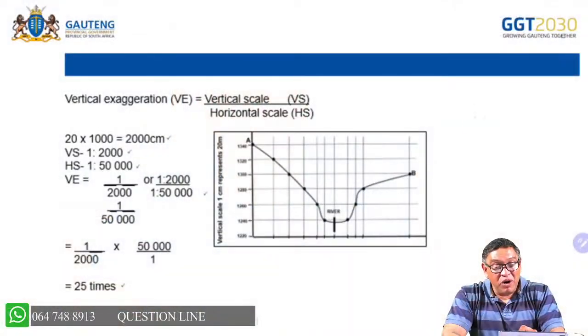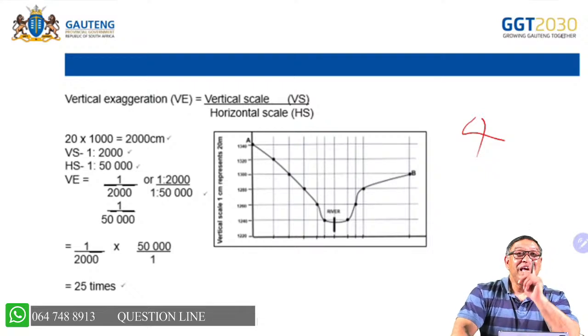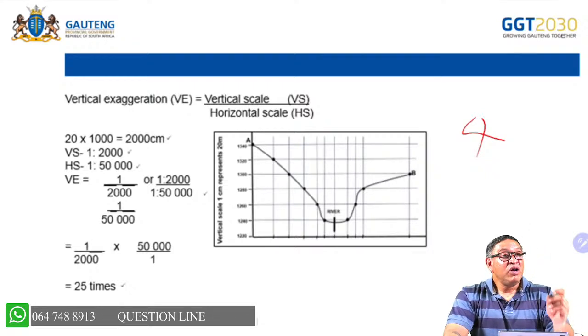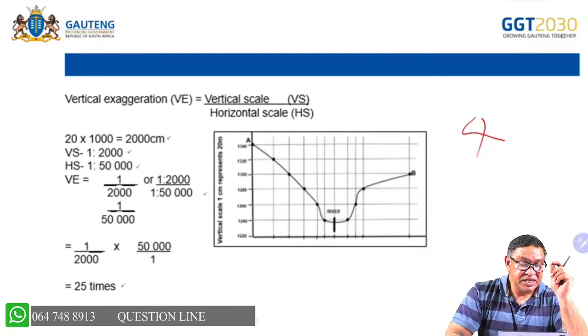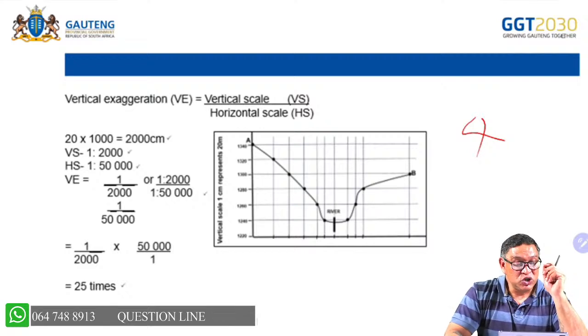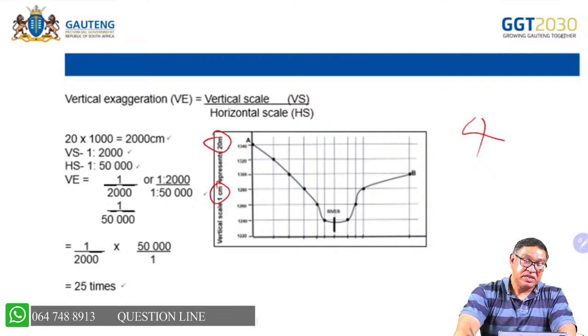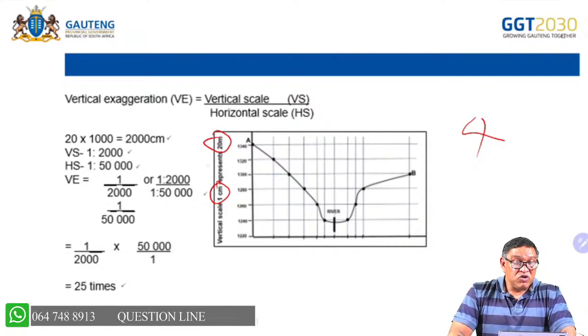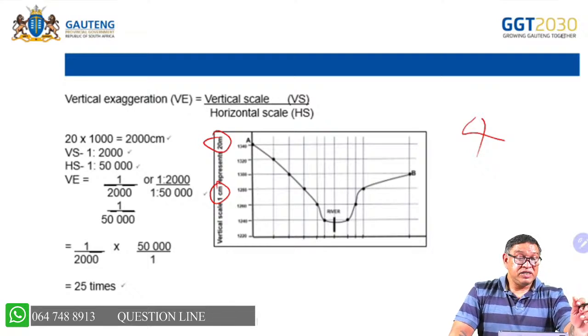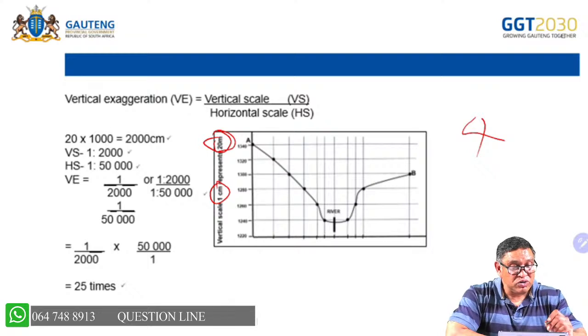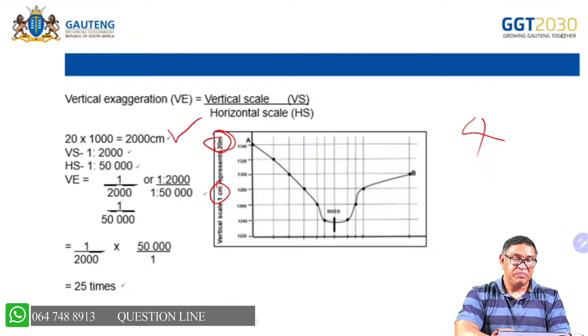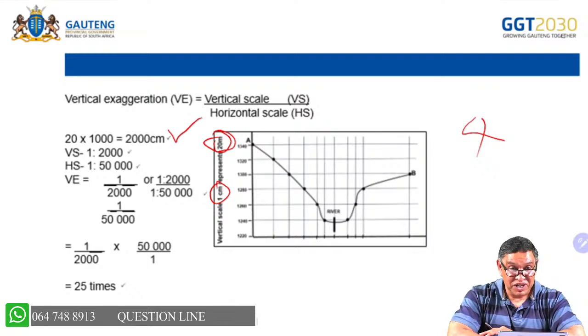Vertical exaggeration, there's a slight difference. Before it was 4 marks, we gave an additional mark now for converting the vertical scale to a ratio scale. So this one is 1 centimeter is to 20 meters. It's not a ratio scale because the units are not the same. So I have to convert to centimeters. If I show 20 times 100 equals 2,000 centimeters, I get a mark for that conversion.